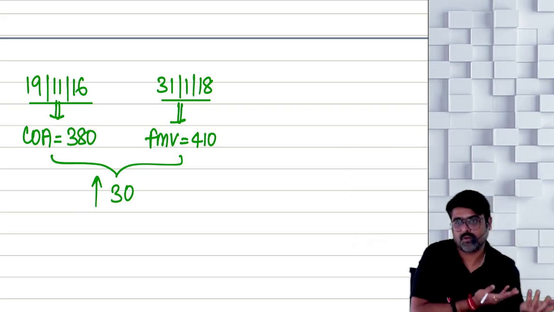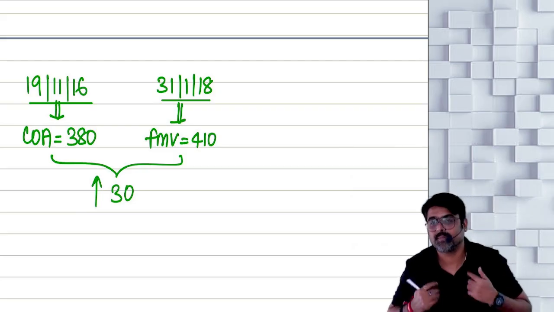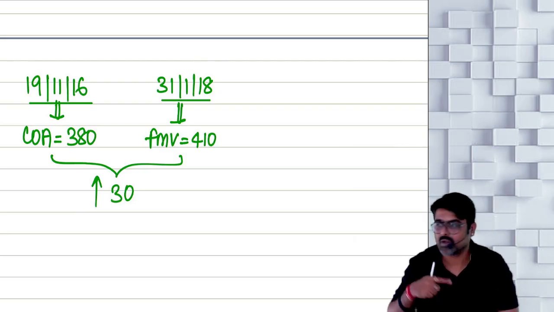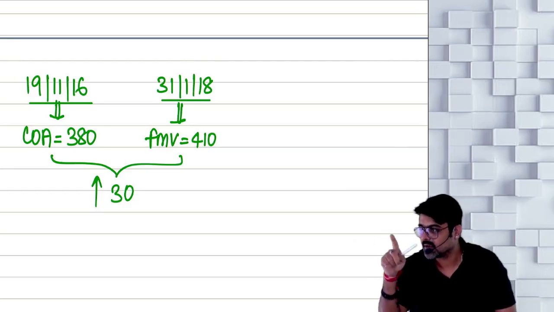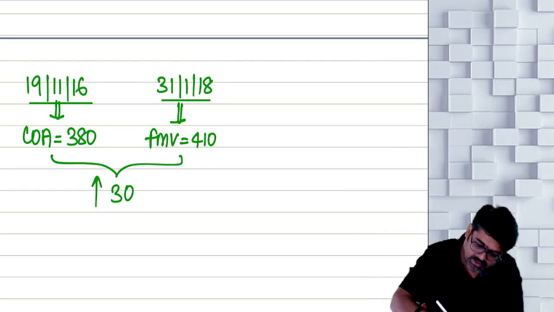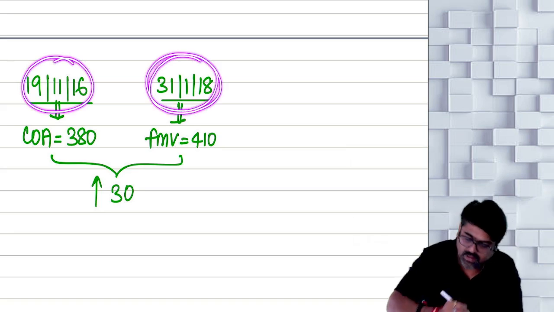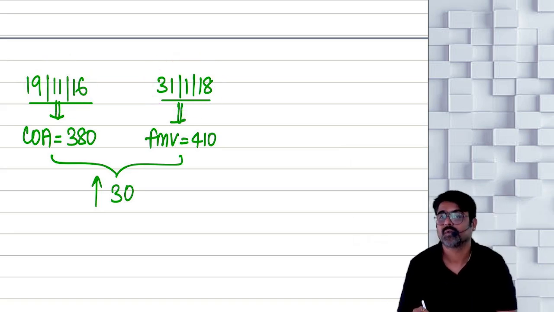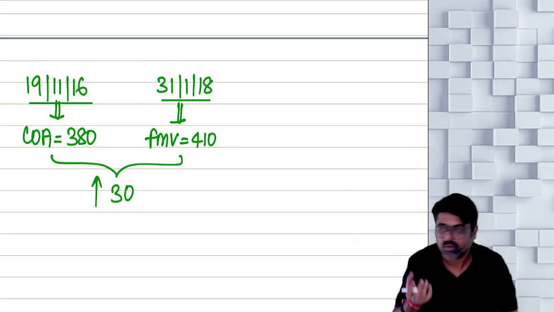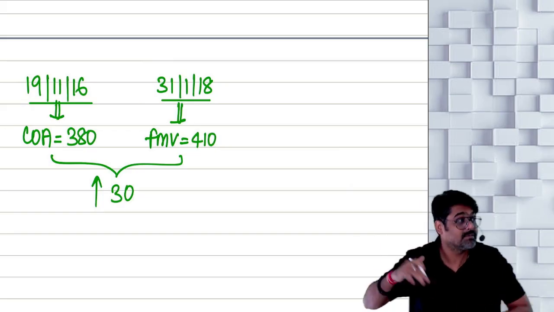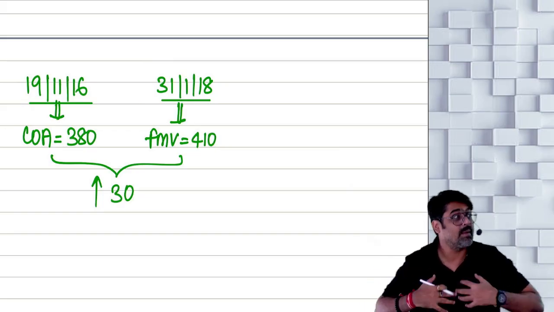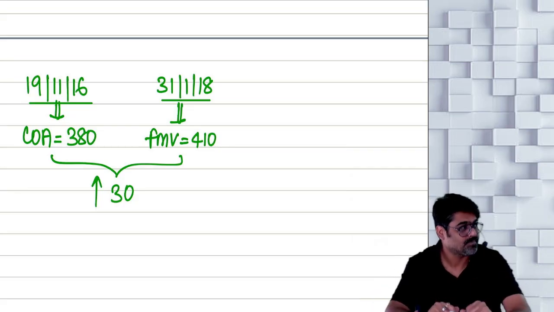Night when you went to sleep, that time you were very happy. See, I have already held the shares for more than 12 months. Holding period is more than 12 months, yes or no? And now, as of today, I'm in 30 rupees gain.